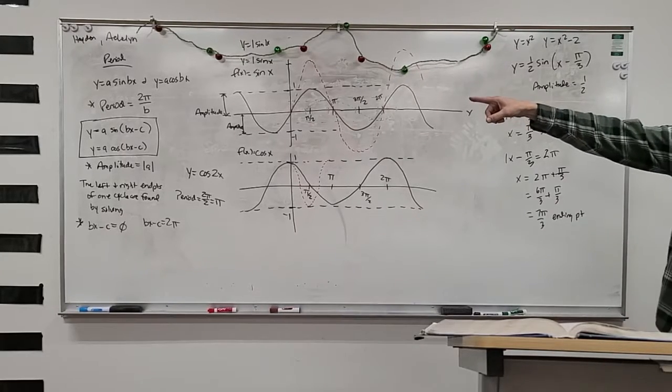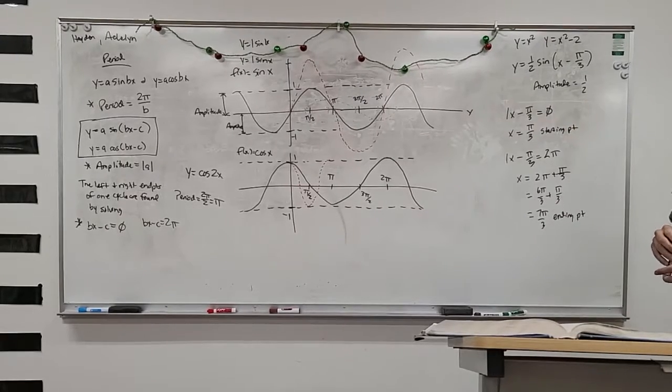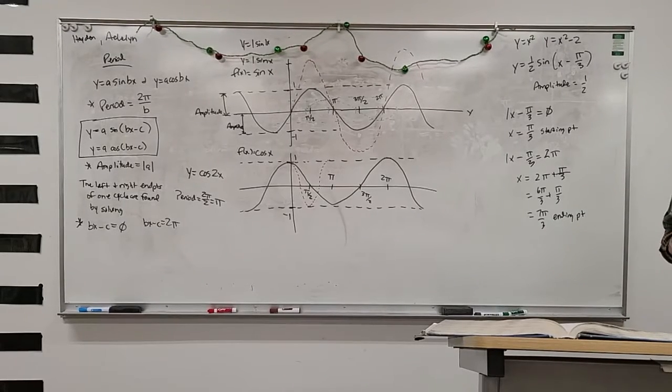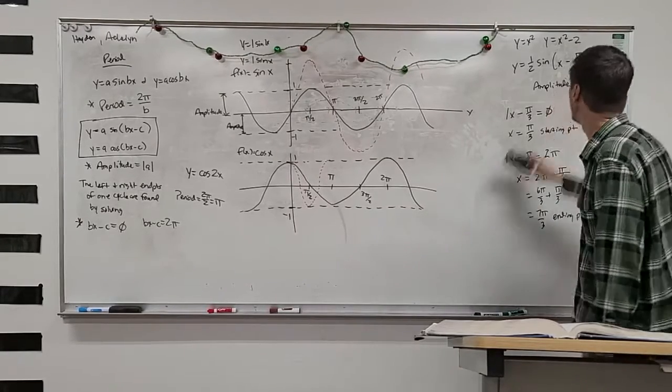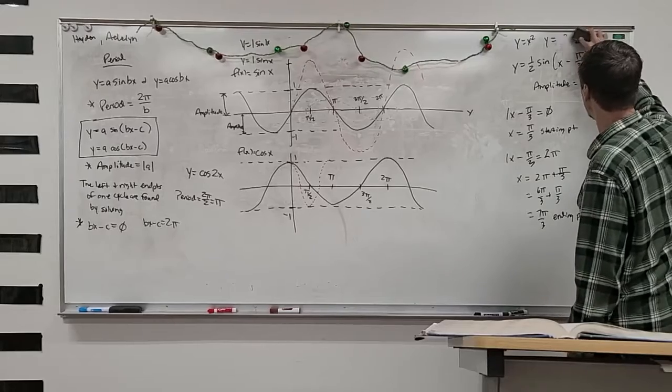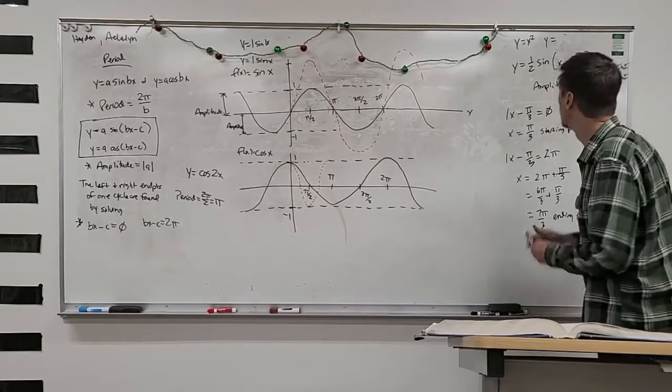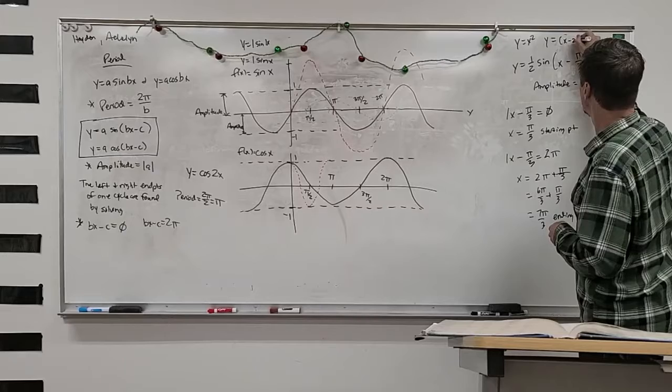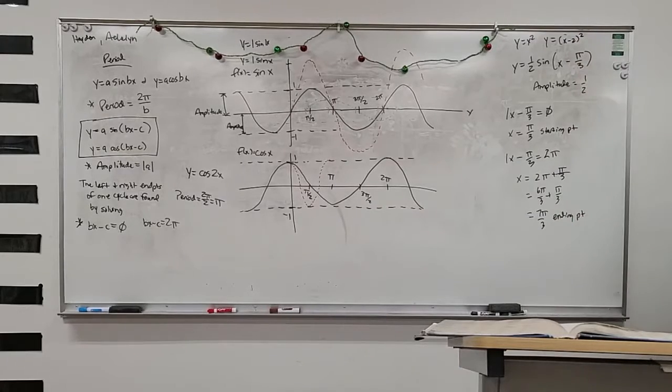Wait, this is inside. If it's outside, it goes down. If it's inside, it goes to the right. So x minus 2 squared, right? And so that takes it to the right. So that shifts it to the right too.